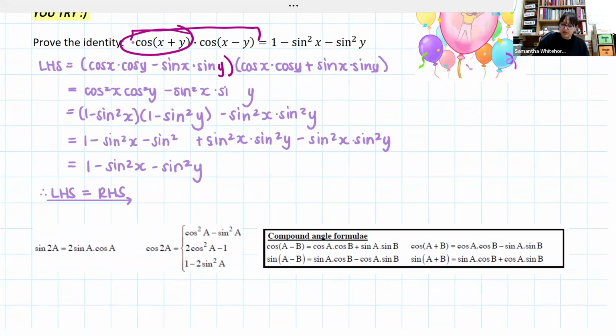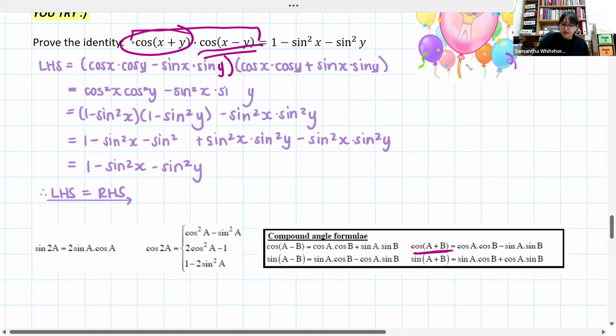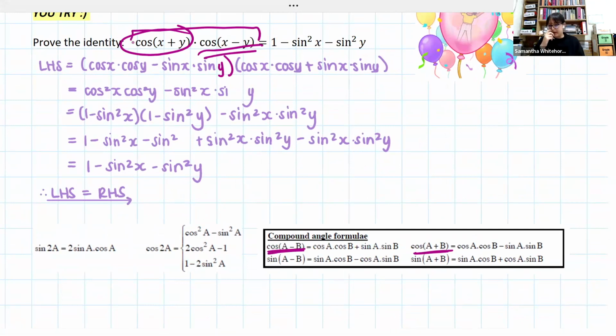So the cos x plus y should be reminiscent of your cos a plus b, cos x minus y, cos a minus b. We essentially expand. Not the nicest thing in the world, but it is what it is. Okay, sorry, that's supposed to say sine squared y that I'm trying to scribble in here. My pen's just been gross.